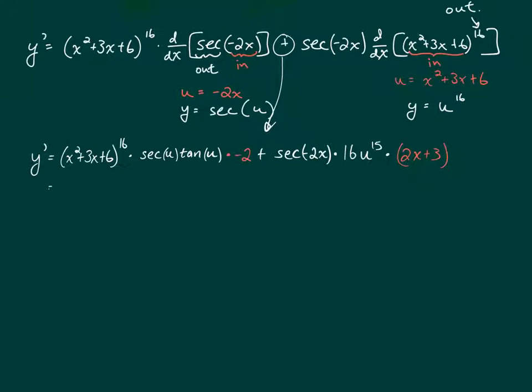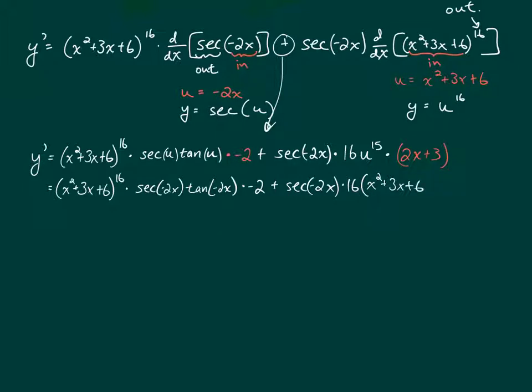So this will equal (x squared plus 3x plus 6) to the 16th times the secant of negative 2x times the tangent of negative 2x times negative 2, plus the secant of negative 2x times 16 times (x squared plus 3x plus 6) to the 15th power times (2x plus 3).